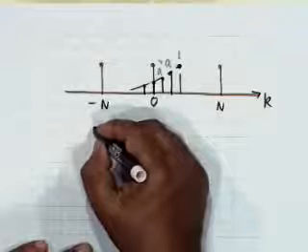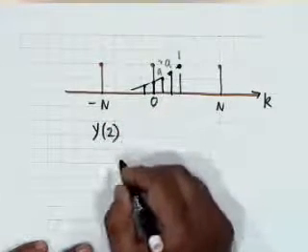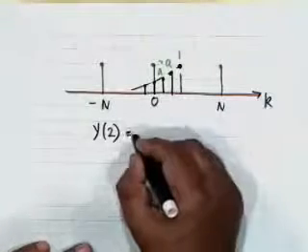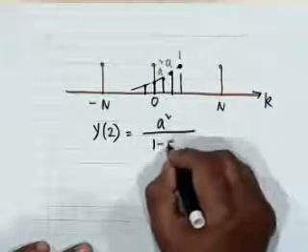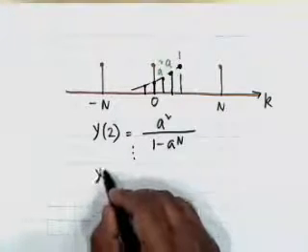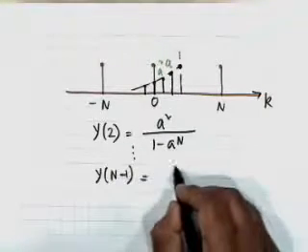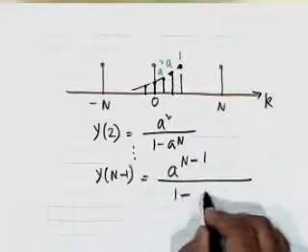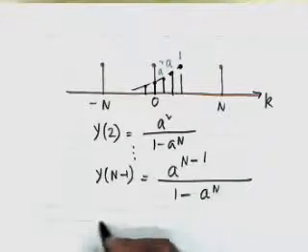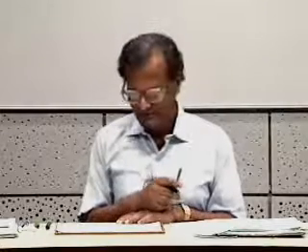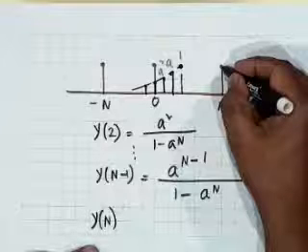And in a similar manner, we can show that for y of 2, the first intersect will be a squared, and therefore a squared divided by 1 minus a to the N. Now, what happens when you go like this? Y of N minus 1 shall be a to the power N minus 1 divided by 1 minus a to the power N. And if I go to capital N, y of N, then it starts from here.